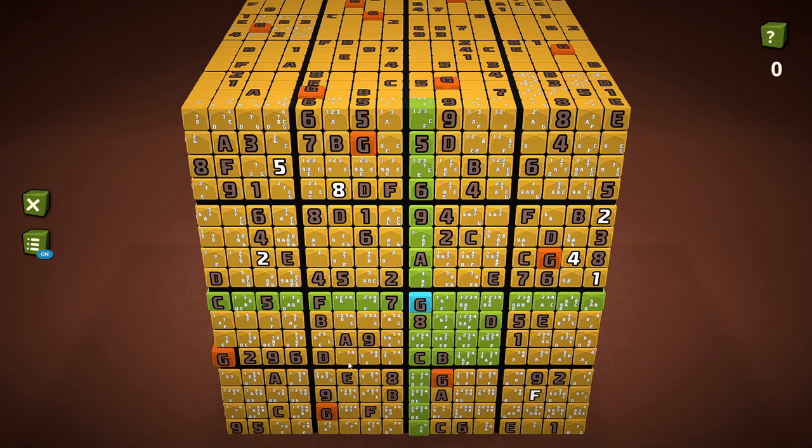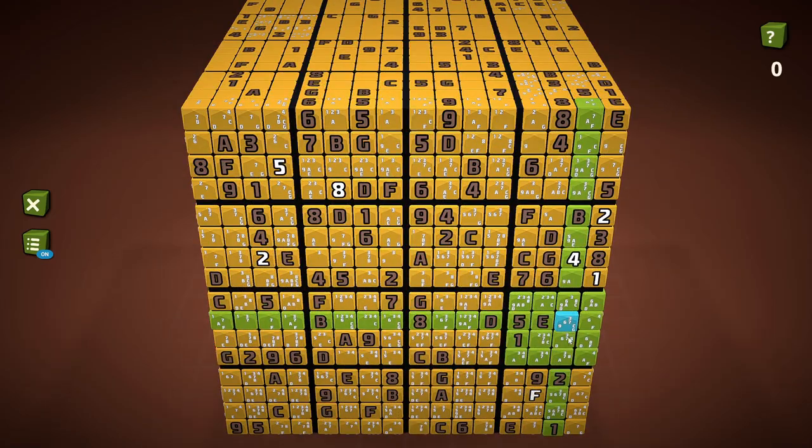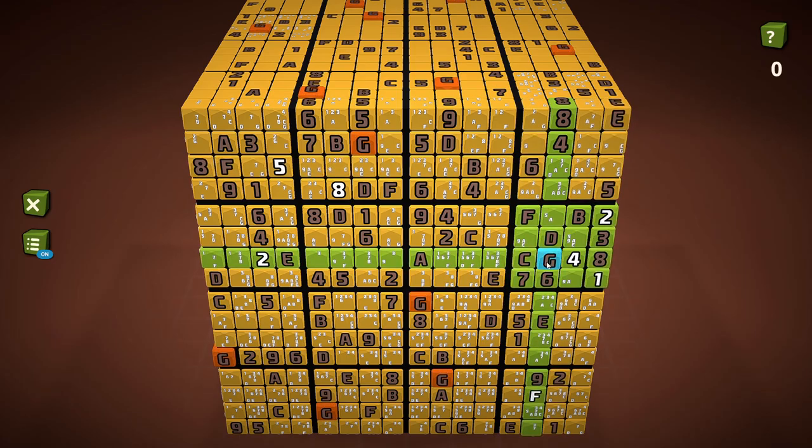Right, can't be any of these, so that leaves these three. Shoot. Can't be top, can't be bottom, can't be that. Can't be right. So it'd either be this one or this one. Which means that and that cannot be G's. So no G's, no G's.